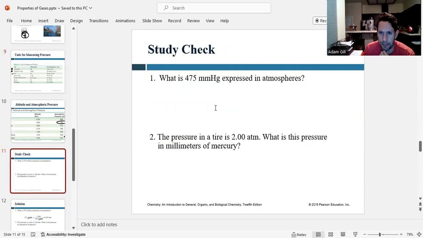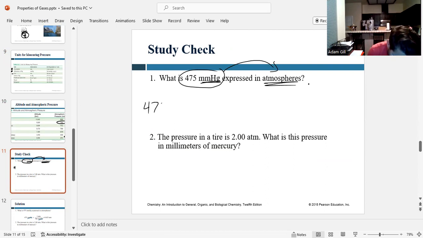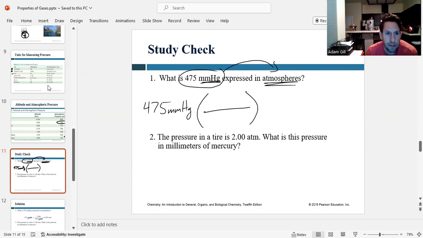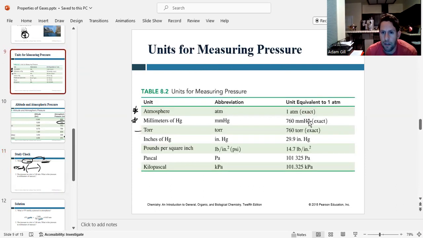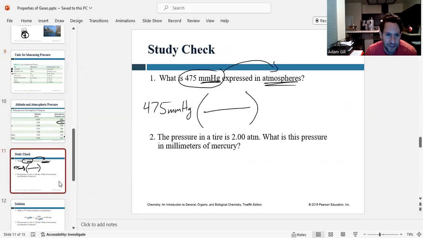So let's do a quick study check. What is 475 millimeters of mercury expressed in atmospheres? So they give you millimeters of mercury, and they want you to get to atmospheres. So let's start with the given number, 475 millimeters of mercury. We're going to use our conversion factor here, and there is 760 millimeters of mercury to 1 atmosphere.